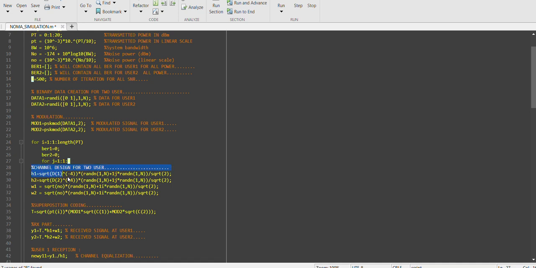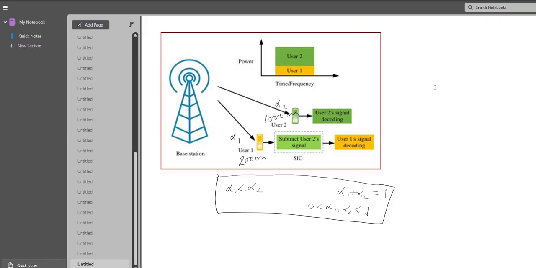Now, after that, we need to design the fading channel for user 1 and user 2. Here we have considered the relay fading channel. The channel coefficient H has the form distance to the power minus n, where n is the path loss coefficient, times x plus j y.